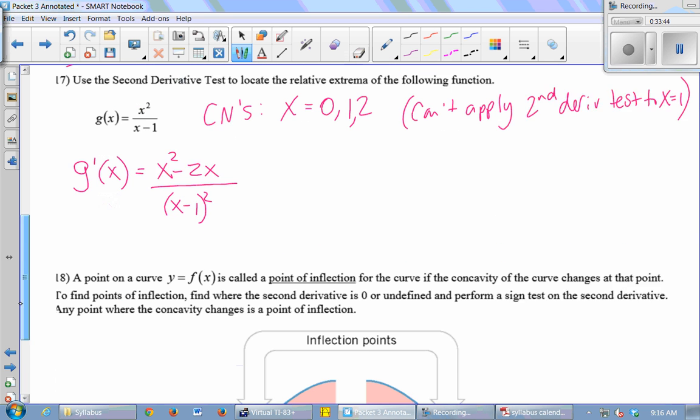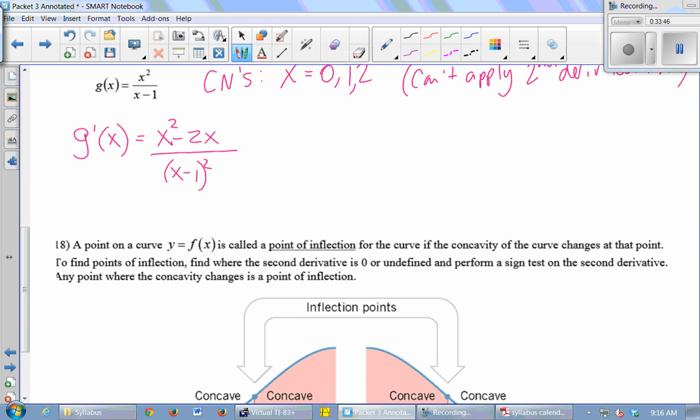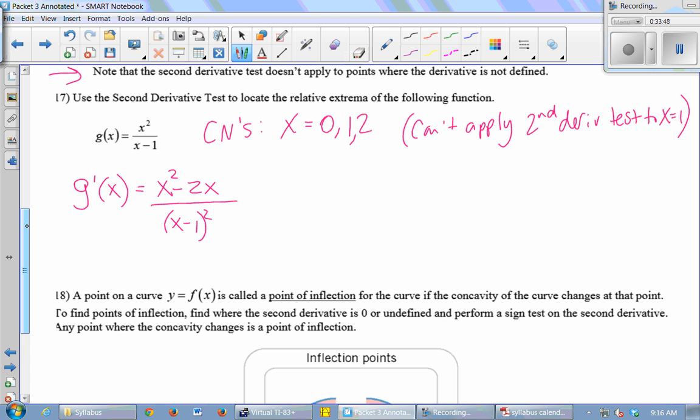So the first thing I have to do is take the second derivative. So g double prime would just be the derivative of the derivative.